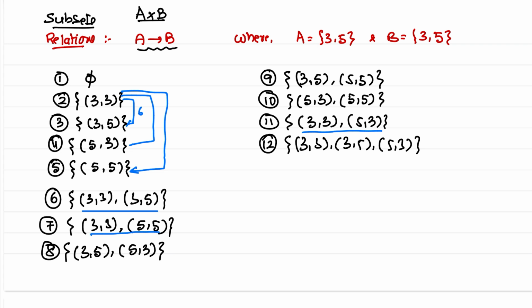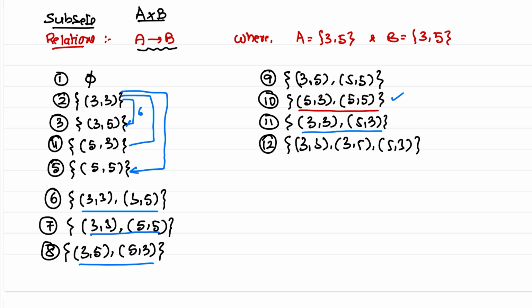Next we started with 3, 5, 3, 5, 5, 3, 3, 5, 5, 5. Because we have already completed 3, 3, we have not touched it again. Next started with 3, 5. Next started with 5, 3. Because we have already completed combinations of 3, 3 and 3, 5, we have not touched them. With 5, 3, only one is there.